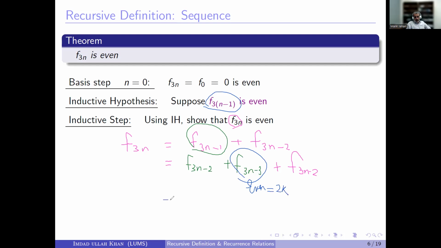And if we look at the first term and the last term, they are the same, so we can write them as 2 times F3n minus 2 plus 2k. Over here we can take 2 as common from both terms, so the result is going to be even. Hence F3n is even.